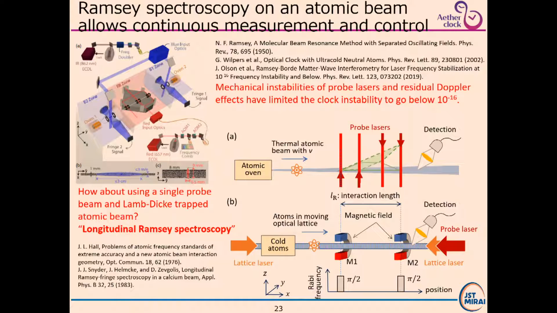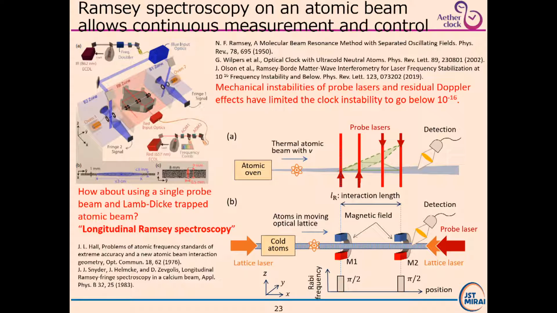So we know that Ramsey spectroscopy on an atomic beam allows continuous measurement and control. In Ramsey spectroscopy, they use an atom oven and a thermal atomic beam, and the atoms fly this way, and there are 2, 4 transverse beams.